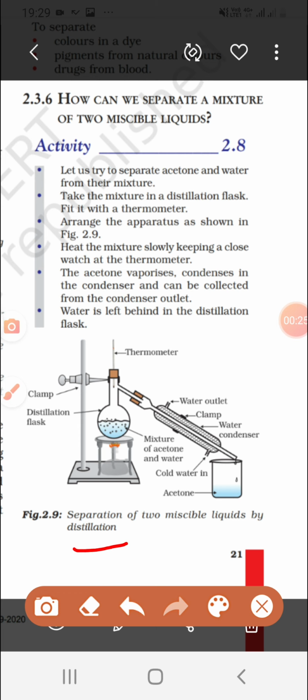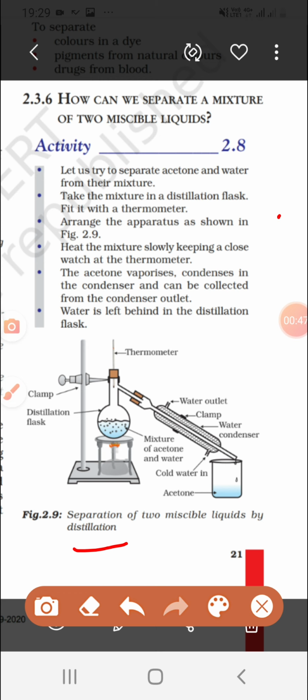Now, what are the conditions which are required for distillation? For distillation, two miscible liquids should be there, they should have a sufficient difference in their boiling points, and also they should boil without decomposition, meaning they do not break down. So these are the conditions.